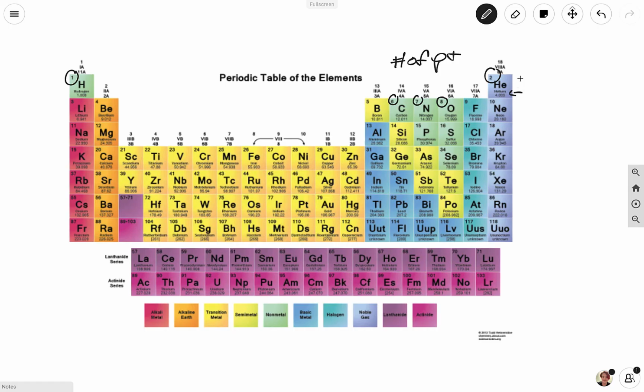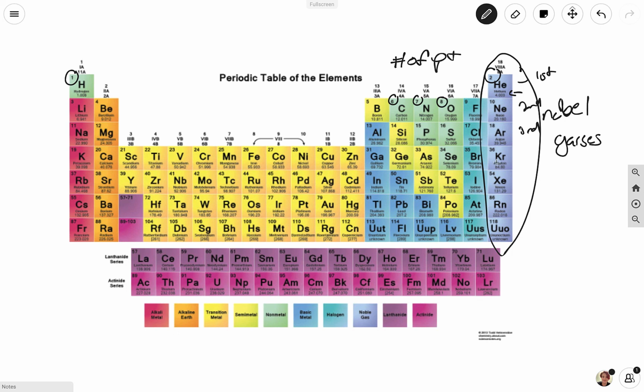When we look at a periodic table and you look at this column over here, these are called the noble gases. That is because all of these fulfill their outermost electron shell. In helium, it's the first shell, neon, it's the second shell, argon, it's the third shell, and so on.